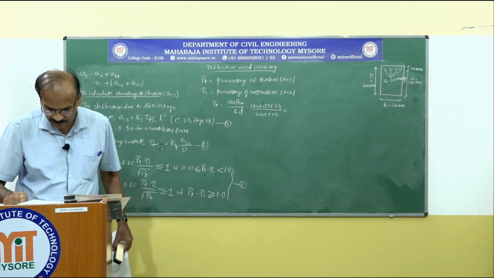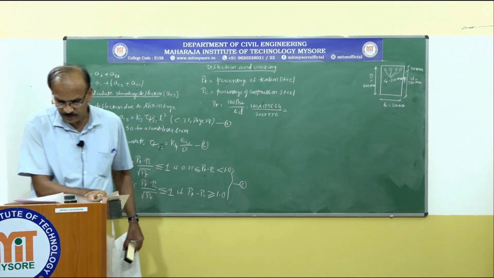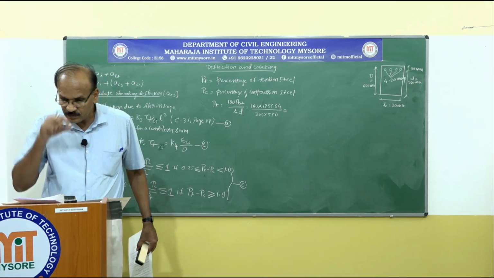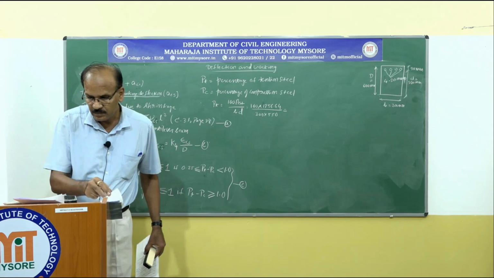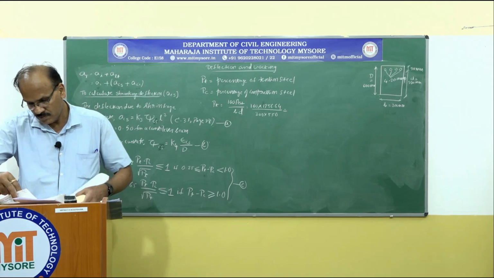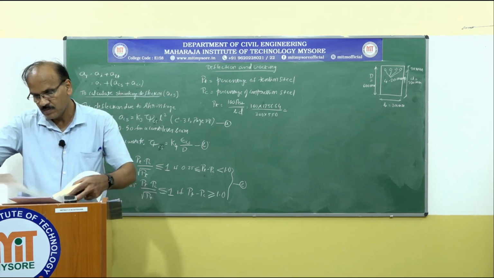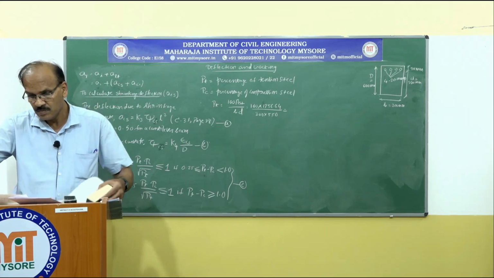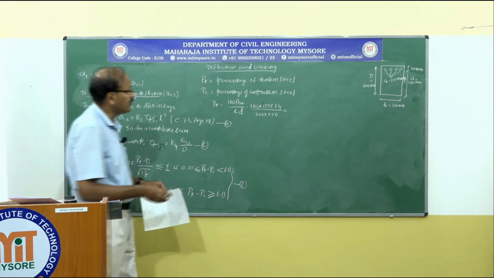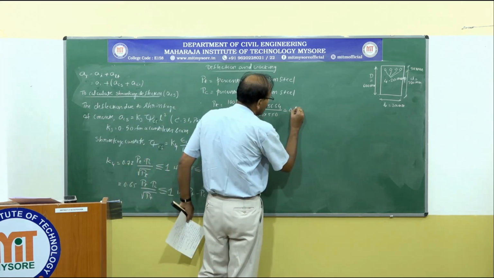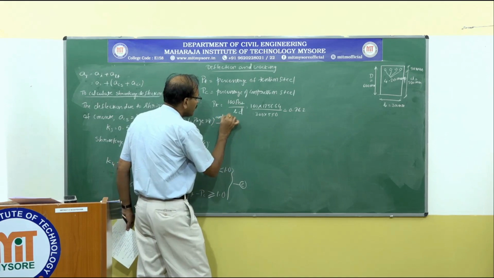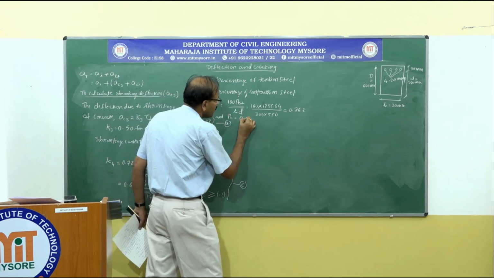According to the calculation, the percentage of tension steel is 0.762, and the percentage of compression steel equal to 0%.